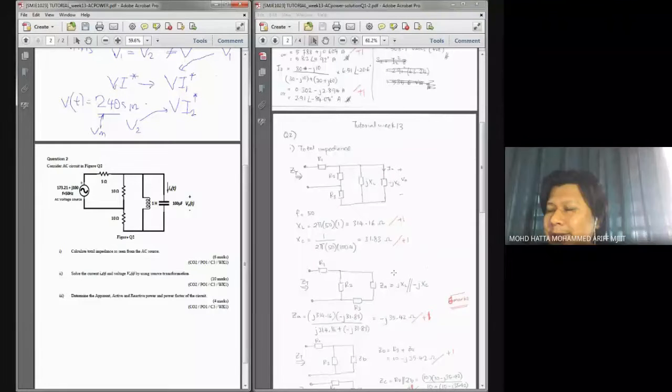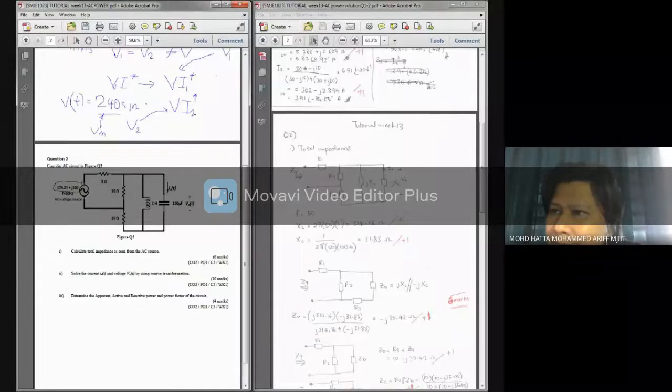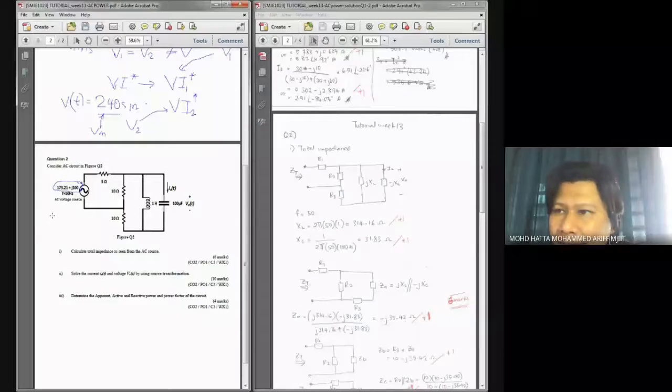In order to get into the question, first we have a look at the information that we have over here. The information of voltage is given in rectangular form. So my advice is that you need to convert the voltage into polar form as well.